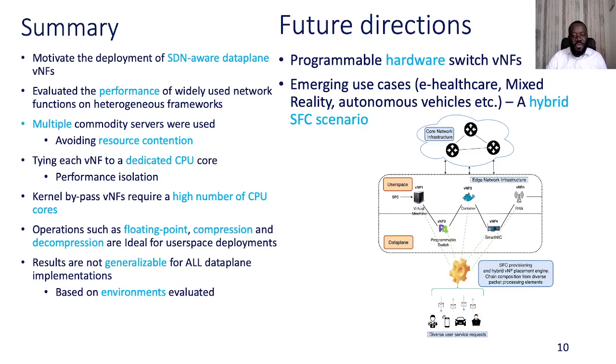Then consider emerging use cases such as e-healthcare, mixed reality, and autonomous vehicles, which would give a hybrid scenario whereby we have some functionalities deployed on user space hosts while others are deployed on data plane hosts, based on the types and complexities of functionalities, since we have diverse functionalities and different types of service requests out there. So this involves the creation of a service function chain that would have a hybrid sort of network function processing elements.